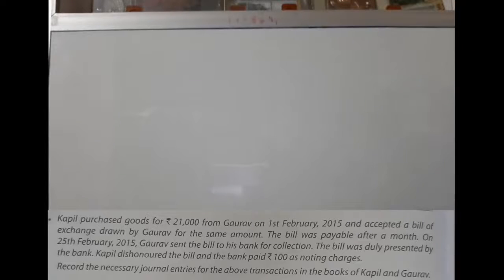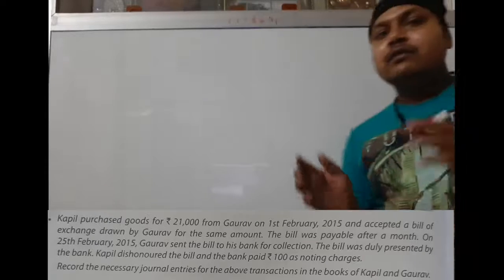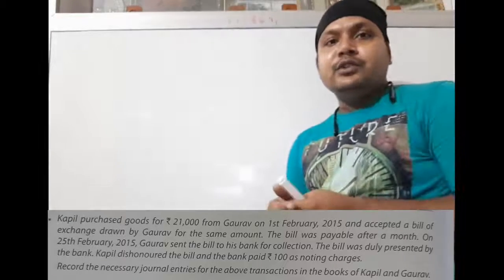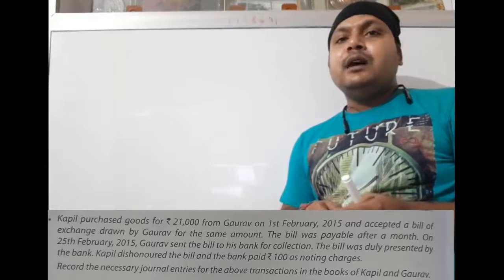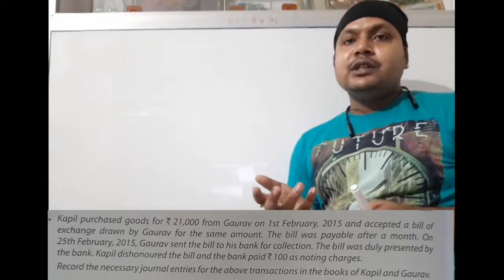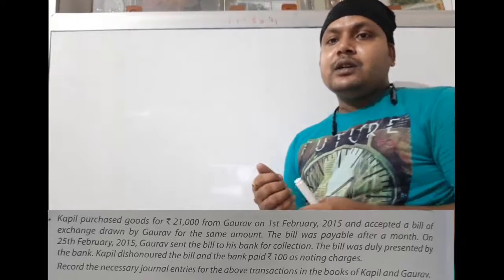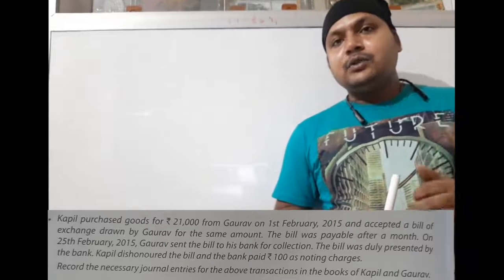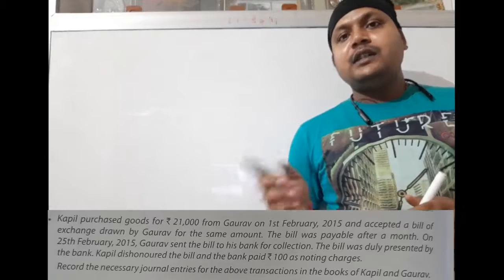So you know very well, in this situation, first of all, we take the journal entries in the books of Gaurav. Gaurav is a seller, and Kapil is a purchaser. So Kapil will have to make a purchase. So he is the drawee and Gaurav is the drawer.